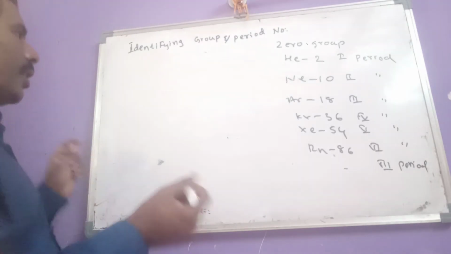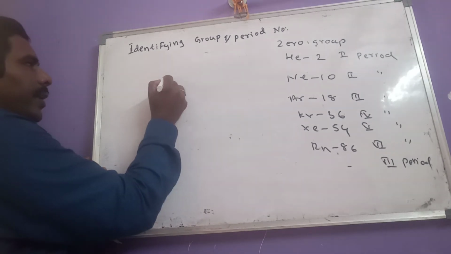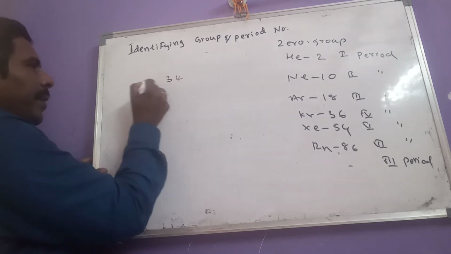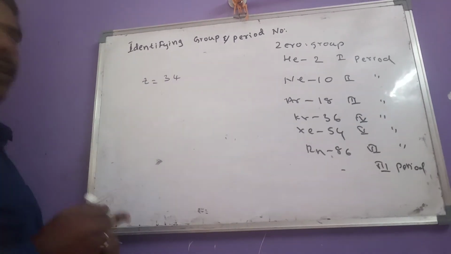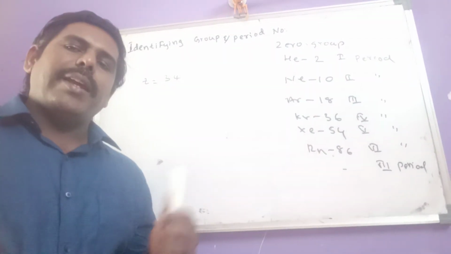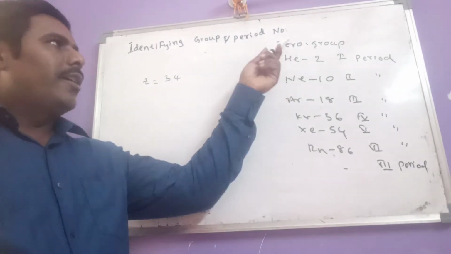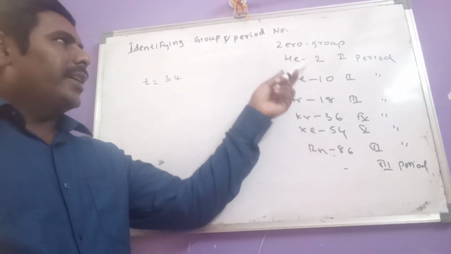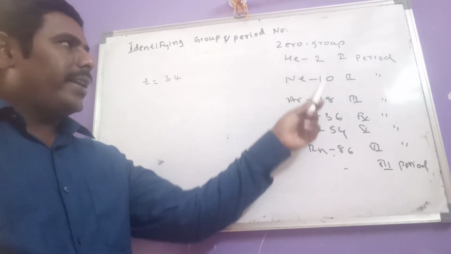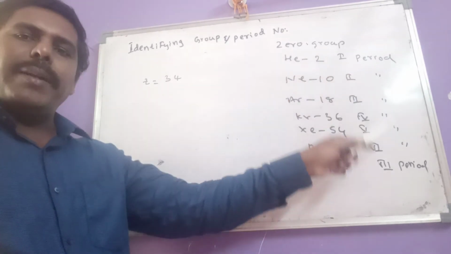Now one question: what is the period and group number of an element with atomic number 34? First check that this is the dead end of the periodic table, that means thereafter no other elements are present.